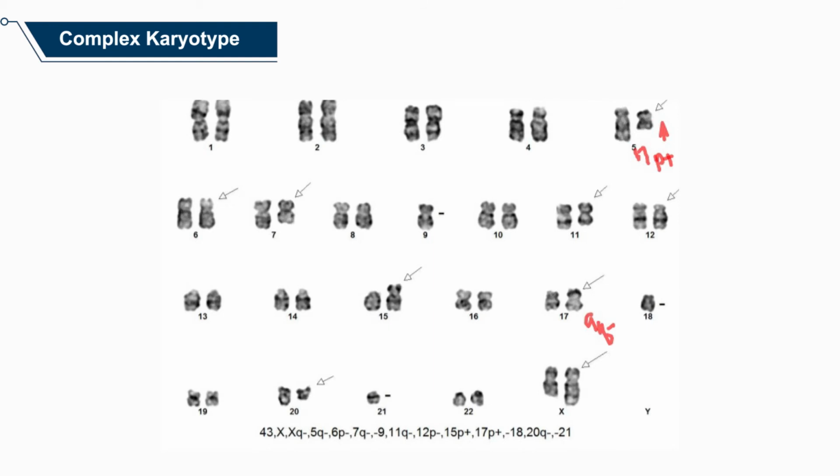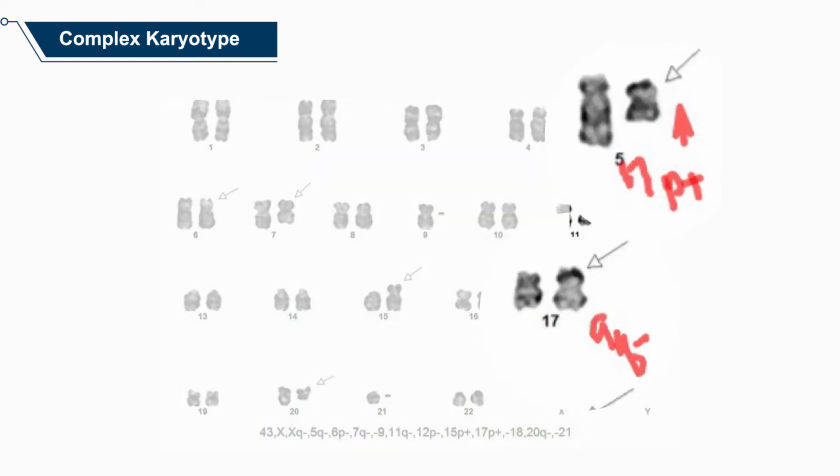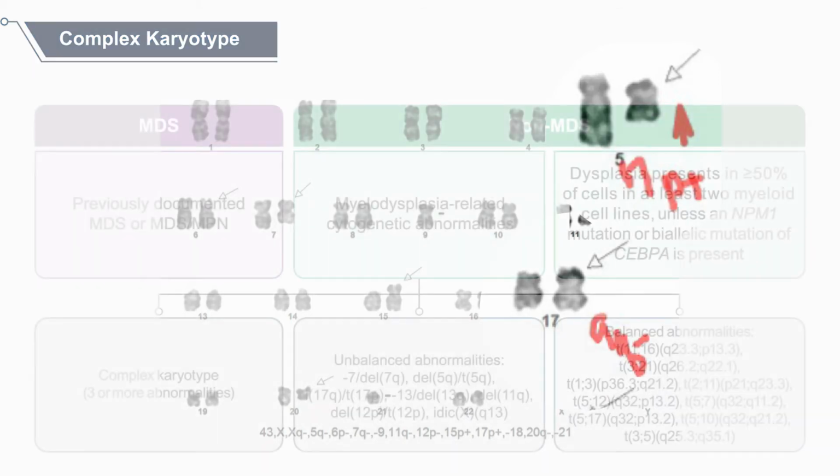And as we said, a complex karyotype in and of itself is a defining feature of acute myeloid leukemia with myelodysplasia-related changes, but I also want to bring your attention to the details of this karyotype. So this complex karyotype includes abnormalities of chromosome 5 and chromosome 7, as well as chromosome 17, which we said is a feature of myelodysplasia as well.